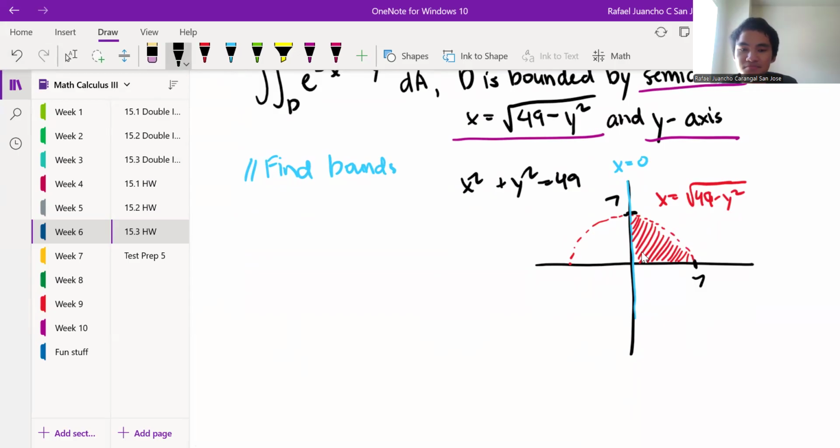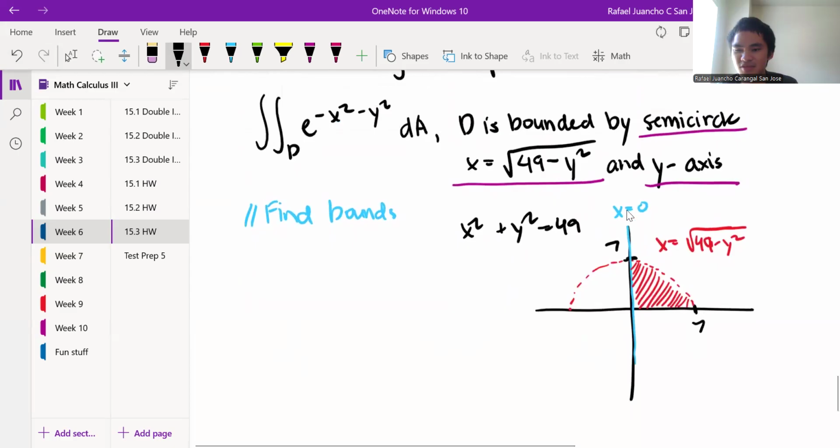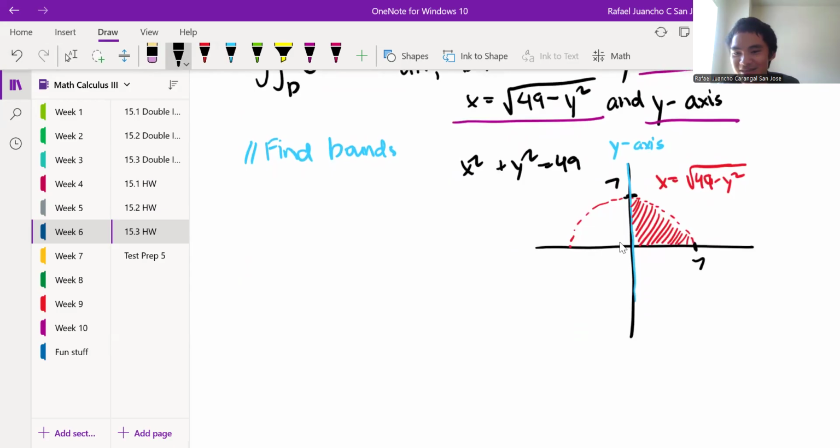I should have just said y-axis. It's bounded by that and then this semicircle. So the region is obviously here.